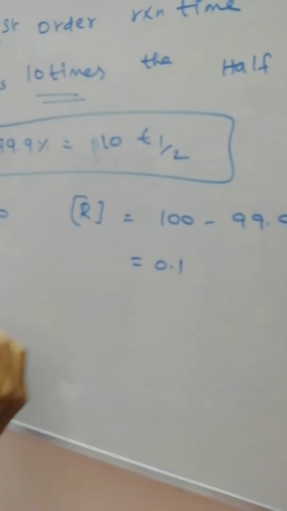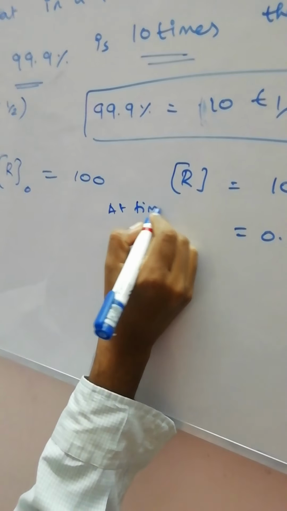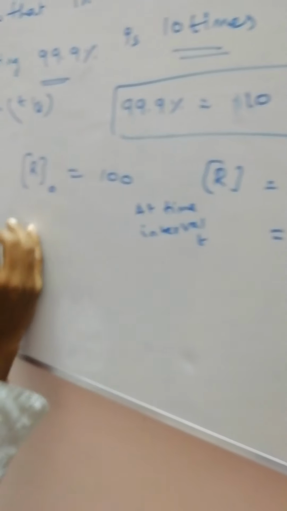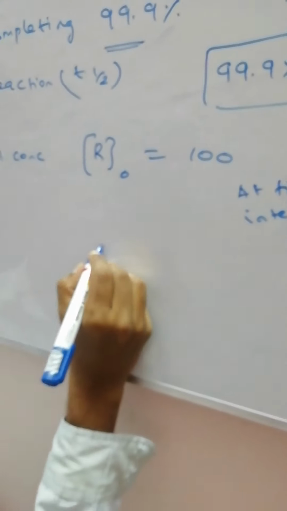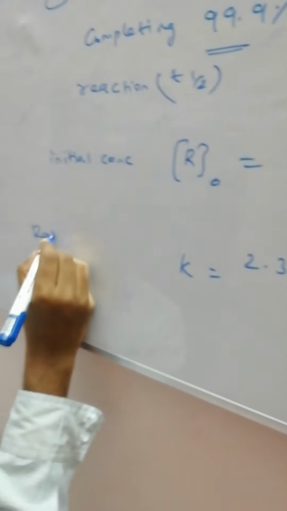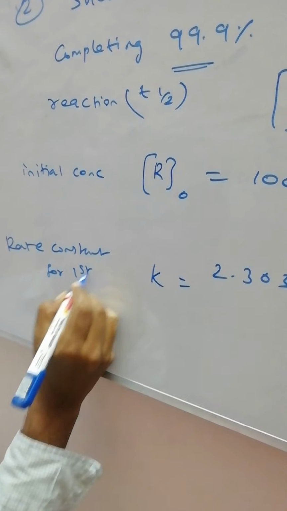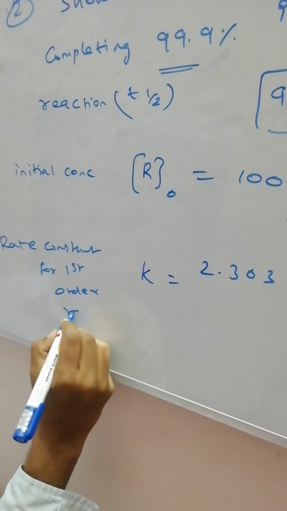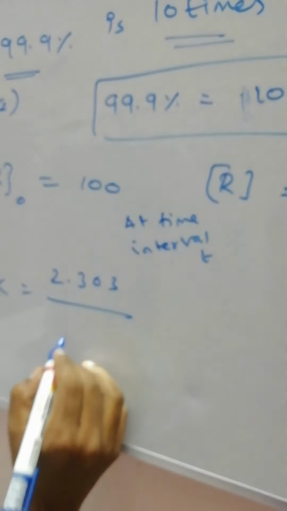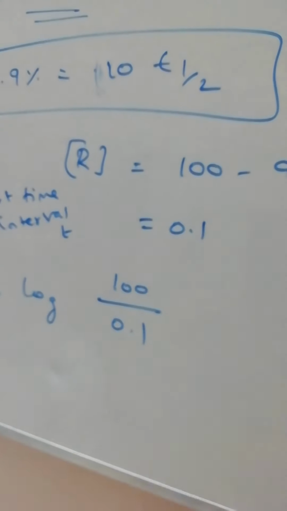This is the R value, the concentration at time interval T. Now we have to write the formula. k is equal to the rate constant for the first order rate equation: 2.303 by T log 100 by 0.1.